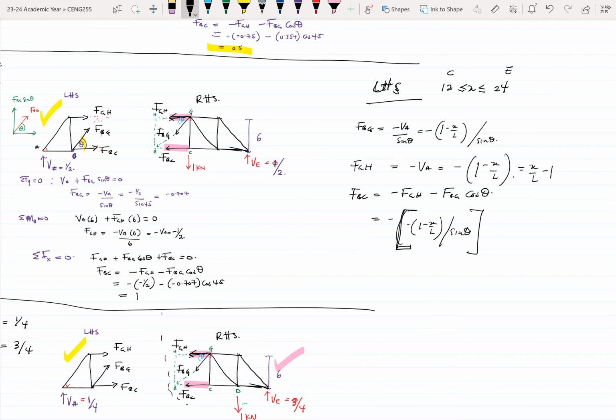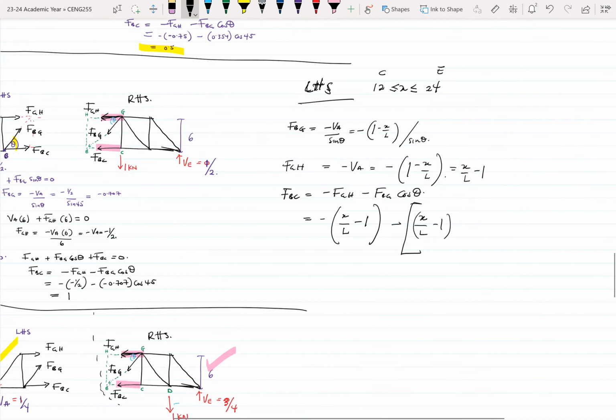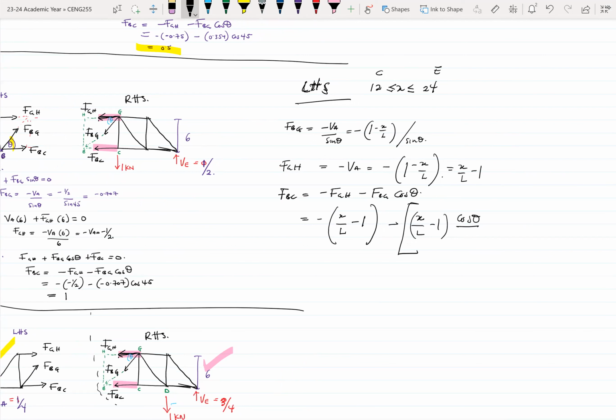This is one bracket. So the FGH is simply minus x over L minus 1. That one is straightforward. Then minus bigger brackets, this is also x over L minus 1 times cos theta divided by sine theta. So this is a much more simple approach.